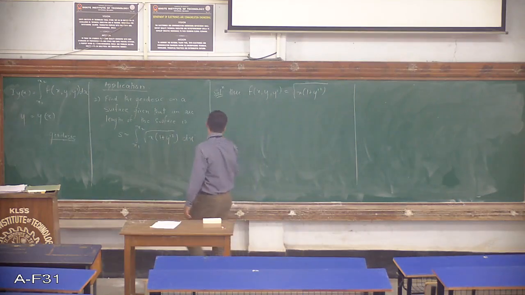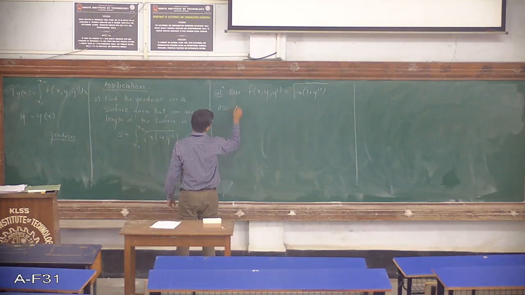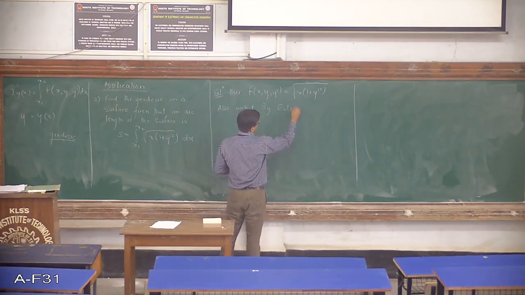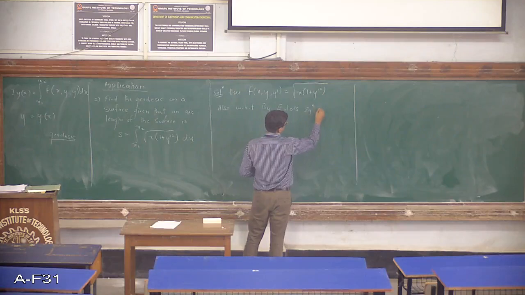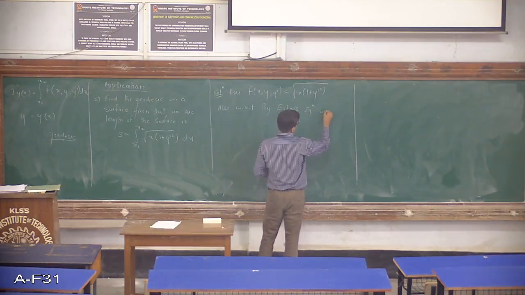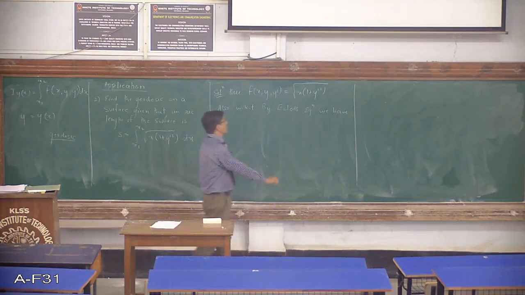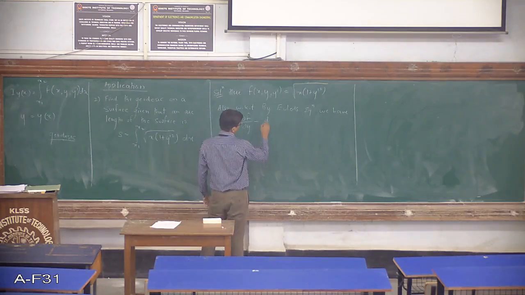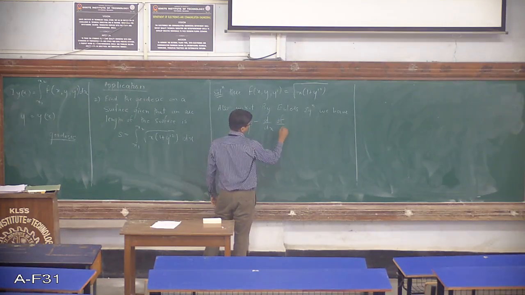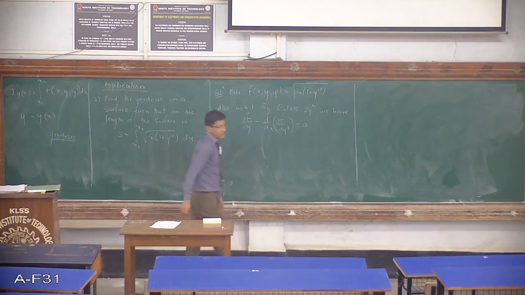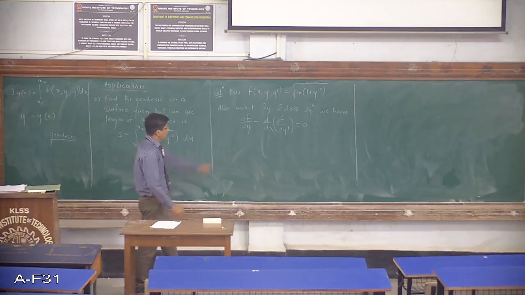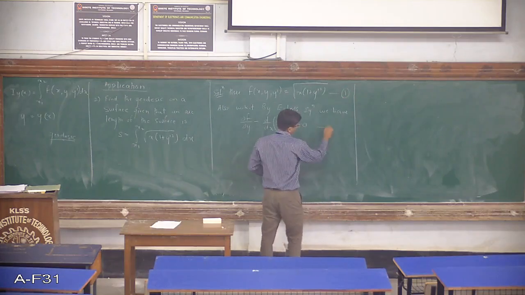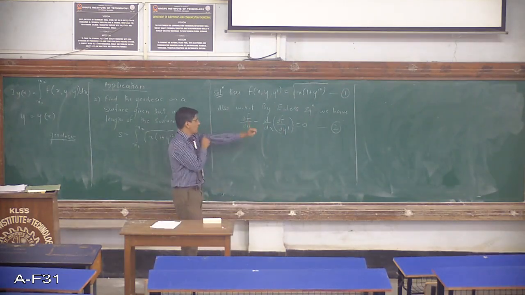Here also, by Euler's equation we have dou f by dou y minus d by dx of dou f by dou y prime is equal to 0. Let me consider this as equation 1. This time I will do it directly, starting with dou f by dou y.